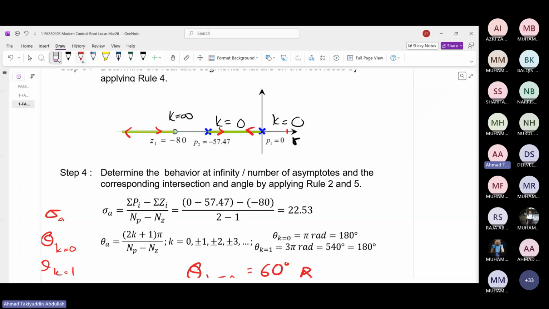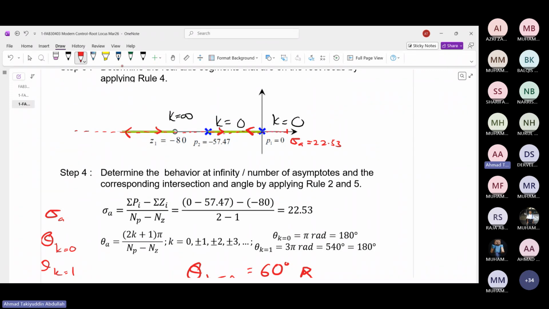That will be the dominant poles. To use that color, the sigma A equals 22.53. And then the theta A will be 180 degrees. So I'm going to have the plot to show my behavior at infinity look like this.